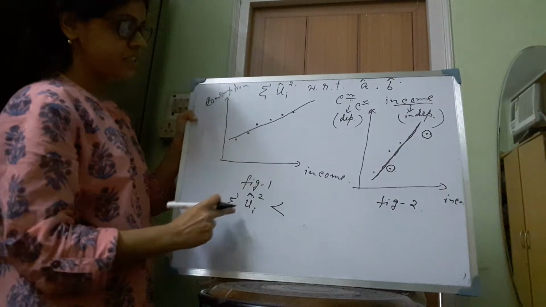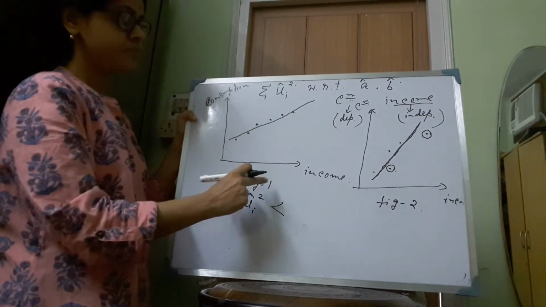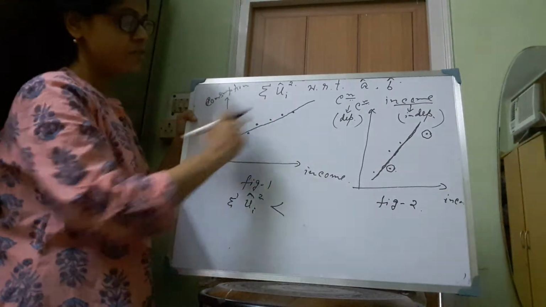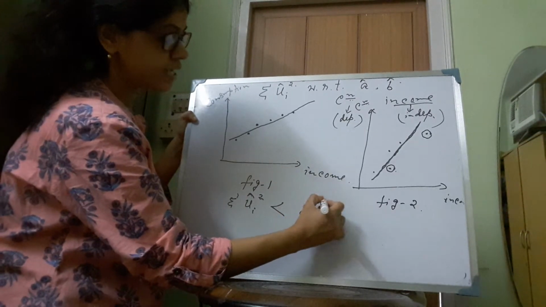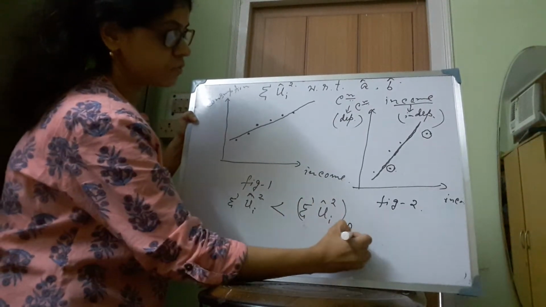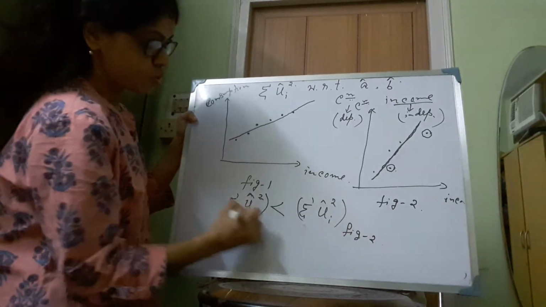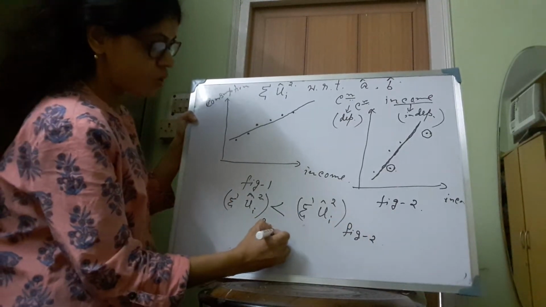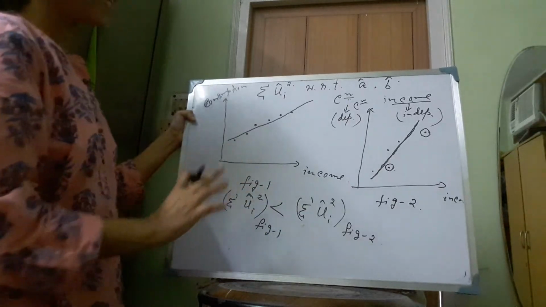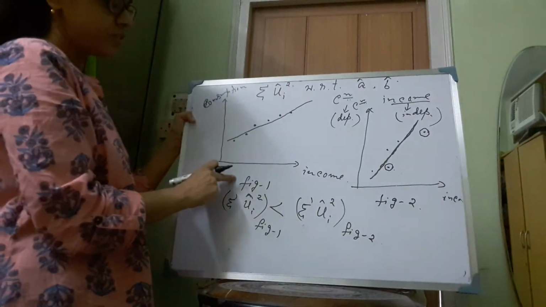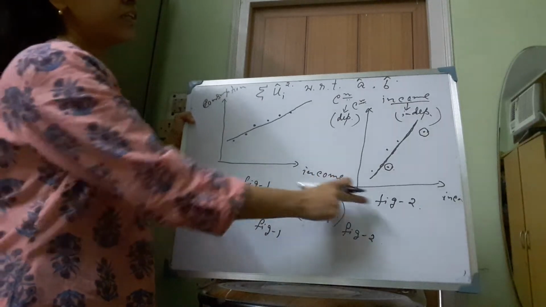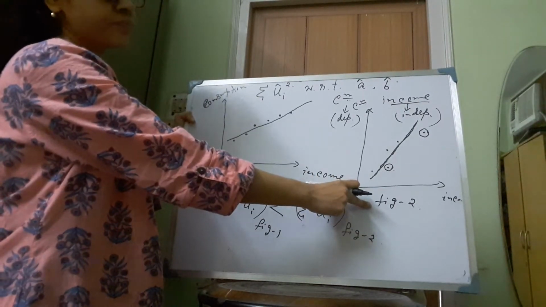So the value of the sum of the squares of the error term that we are getting from figure 1 is less than the summation of ui hat square for figure 2. So therefore the fitted line in figure 1 is much better than the fitted line in figure 2.